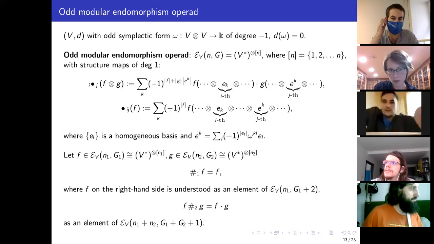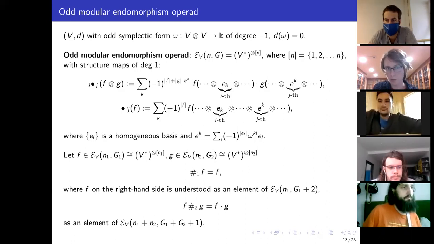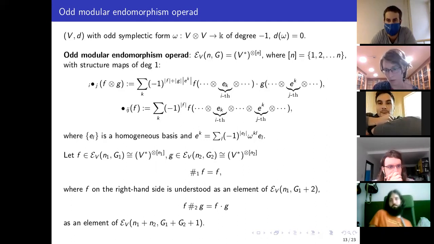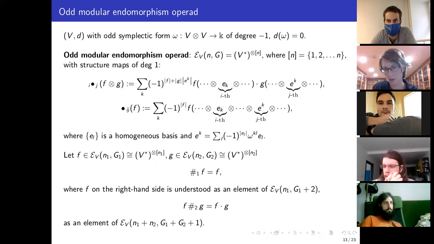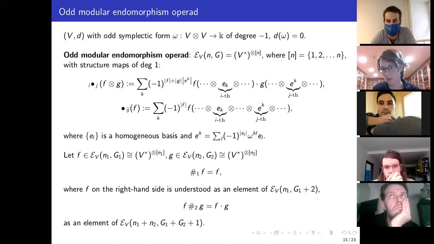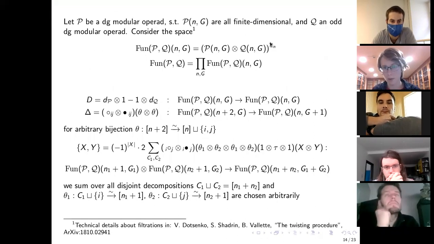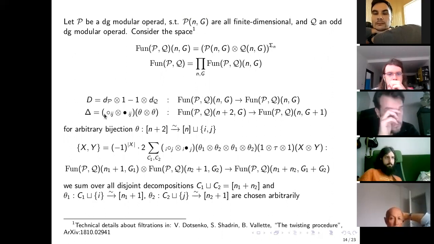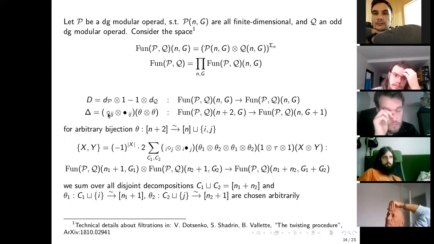And if we consider a symplectic form of different degree, then to get a Batalin-Vilkovisky algebra or the Beilinson-Drinfeld, where we have the delta and the bracket of degree 1, we need to compensate this in the modular operad. So when we have this combination of P and Q, if you have here the composition, the black bullet, of some degree D, then the bullet for the operad P must also be of some degree, and it must be of degree D minus 1 or D plus 1 or minus D plus 1.